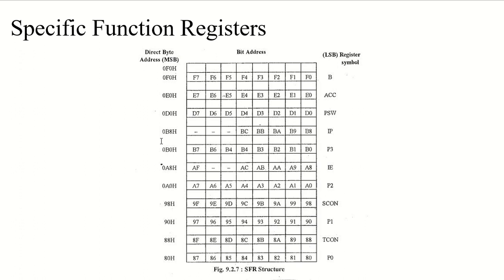Some of the addresses are locations in between 80H and FFH. As you can see, it starts from 80H with port P0 and goes till 0F0H. Some of these addresses are not used at all.